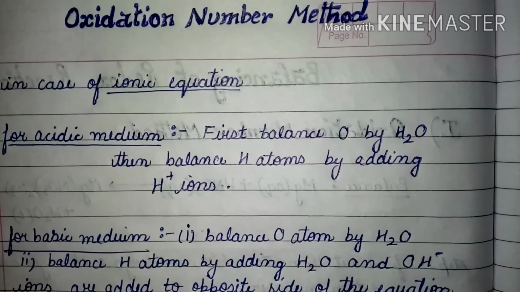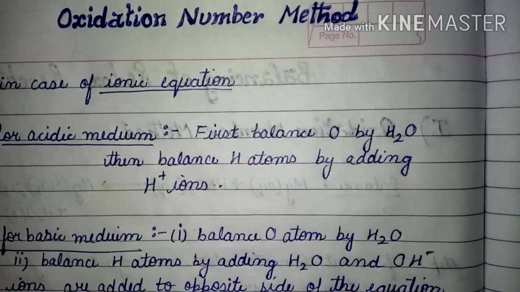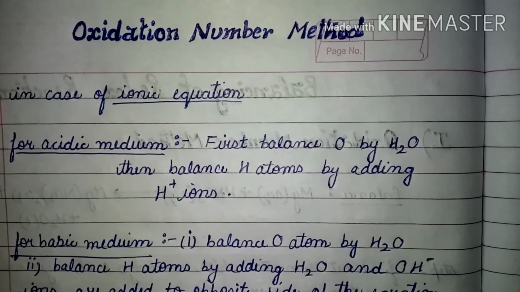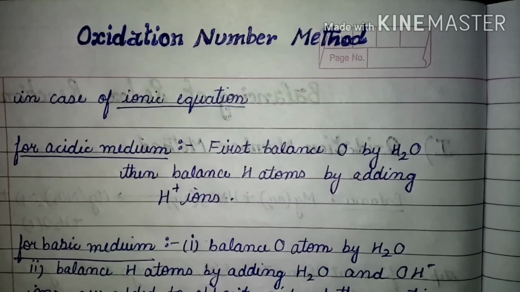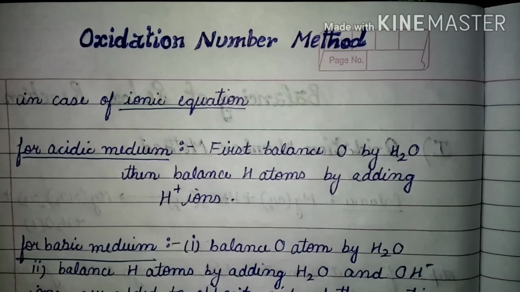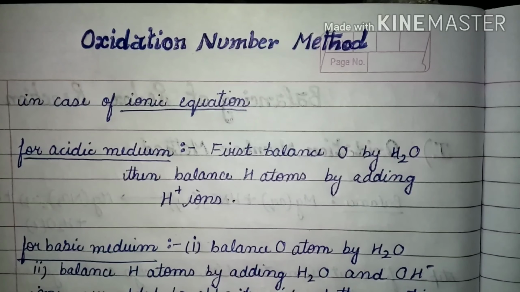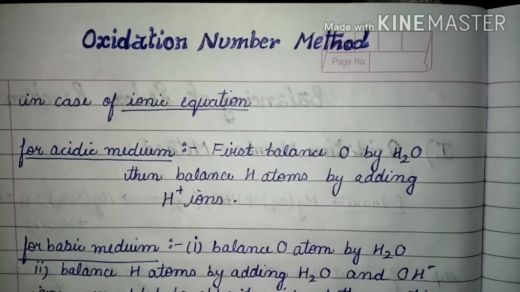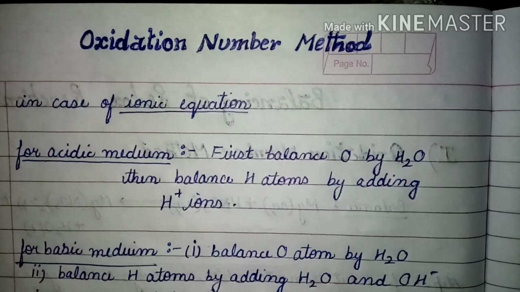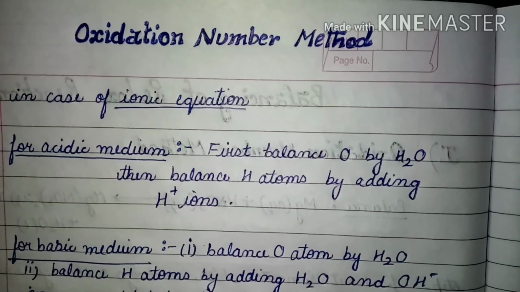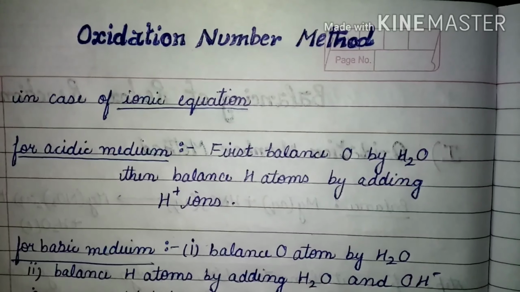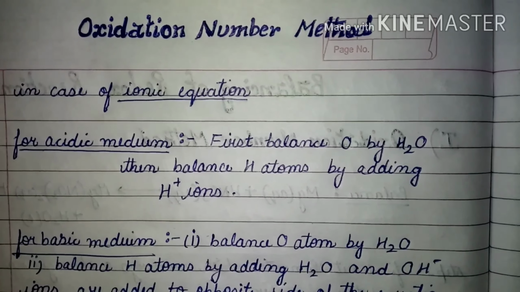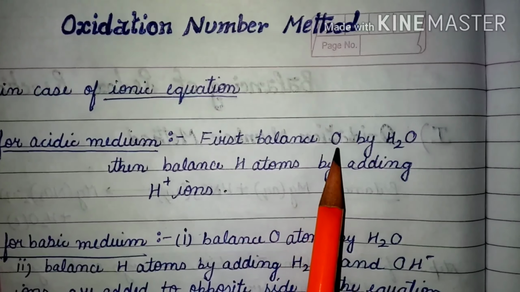Then how to balance the redox reaction? Okay, so I have given 2 points over here for acidic medium and basic medium. So you can see for acidic medium, first balance the oxygen by H2O.